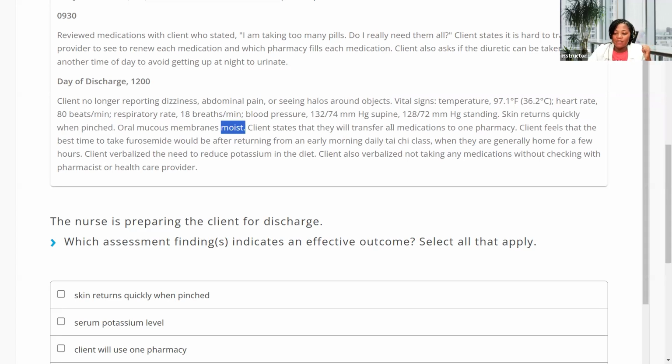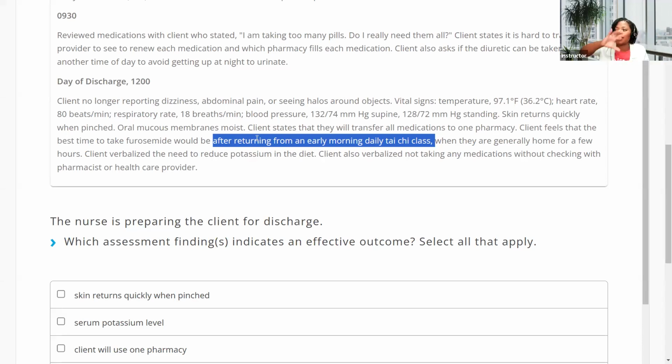Client states they will transfer all meds to one pharmacy. How about that? Our teaching was helpful. Client feels that the best time to take the furosemide would be after returning from an early morning daily Tai Chi class. That's nice. When they are generally home for a few hours. So they're going to do it in the day instead of nighttime.